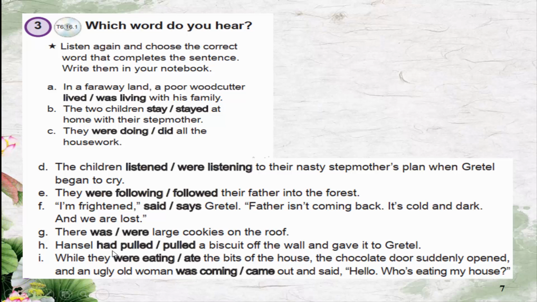H, Hansel had pulled a basket off the wall and gave it to Gretel. I, while they were eating or ate the bits of the house, the chocolate door suddenly opened, and an ugly old woman came out and said, "Hello, who's eating my house?"